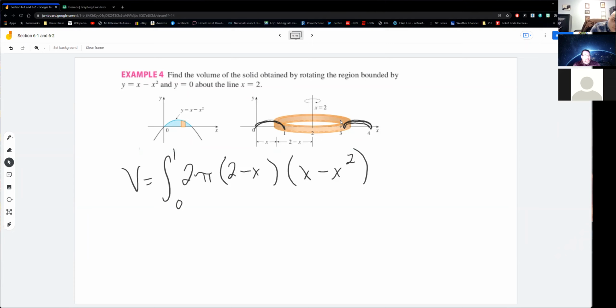Does that make sense? And again, since we're still rotating, in essence, around the x-axis, even though it's around x equals 2, we're rotating around a vertical axis. You still are solving for x. If you're rotating around a horizontal axis, you need to solve in terms of y.